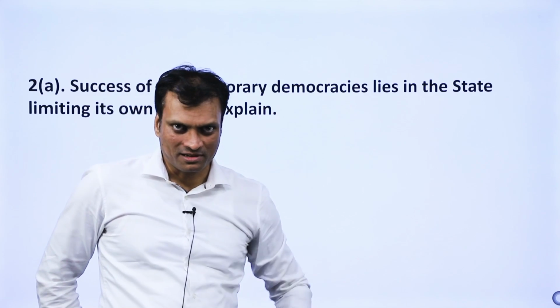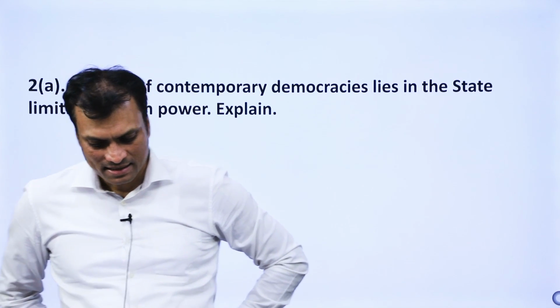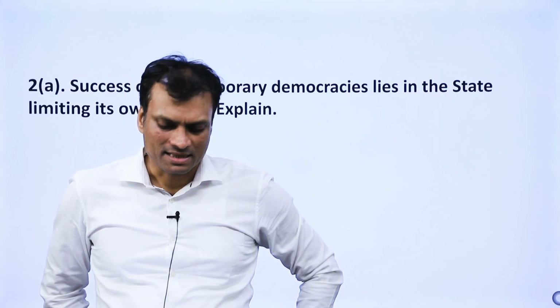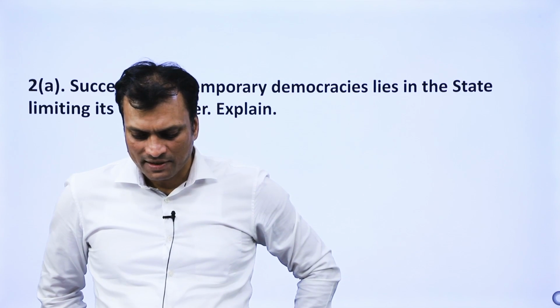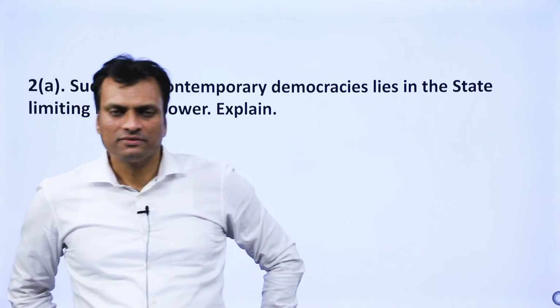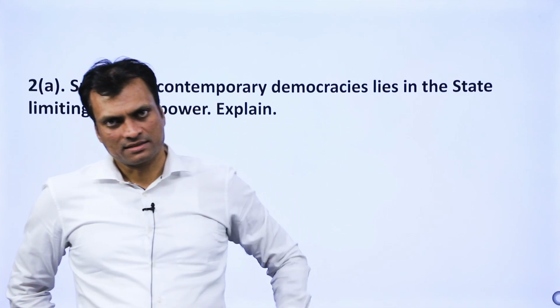Then you can write Bernard Crick, that the point here is that democracy itself is a contested concept, and there can be various varieties and various definitions of what is the success of contemporary democracy. Then the job is done.